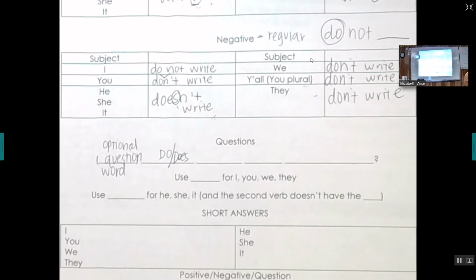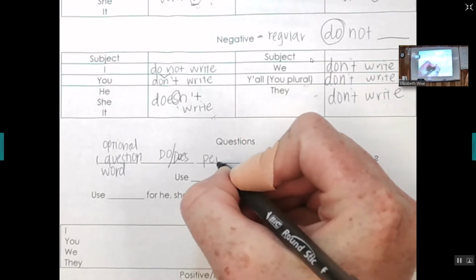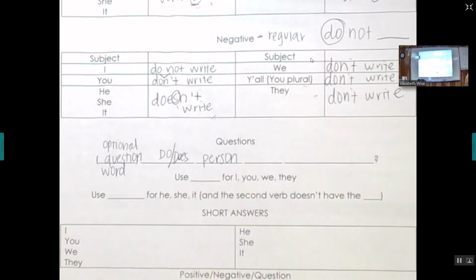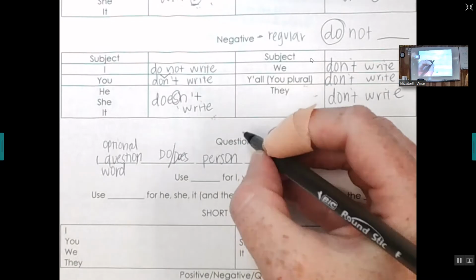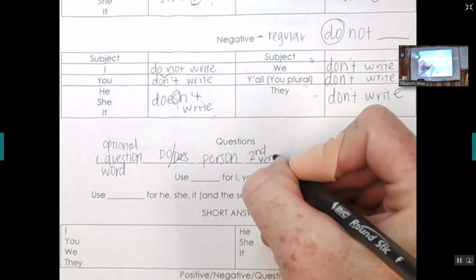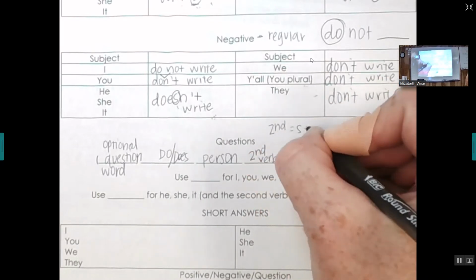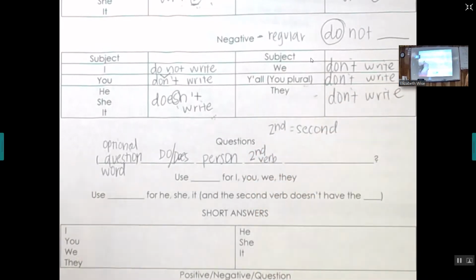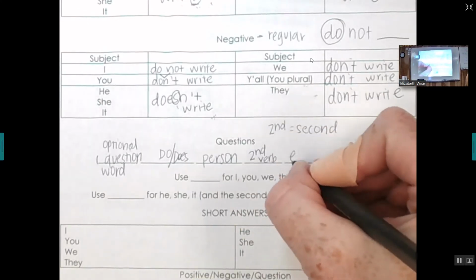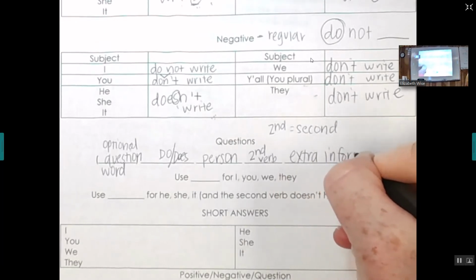So you have to have do or does for regular verbs. And then the person. This is our formula for questions. And then the second verb. So 2nd equals second, just in case you didn't know. And then here's all the extra information. We'll do some examples.